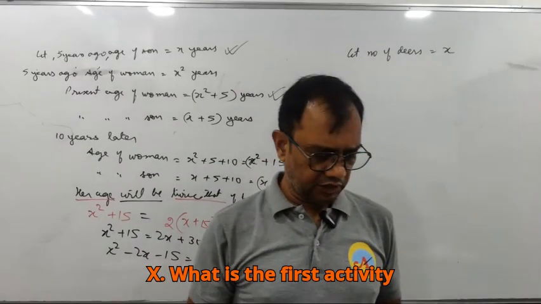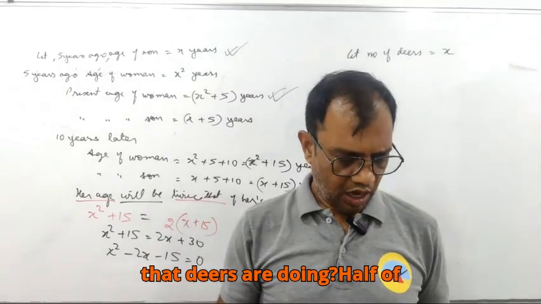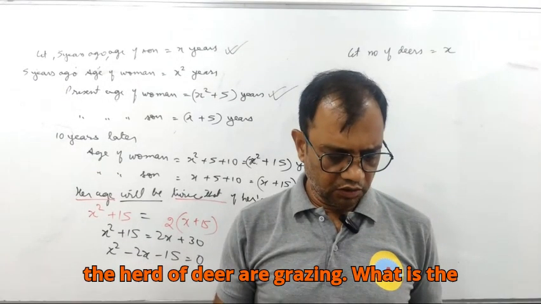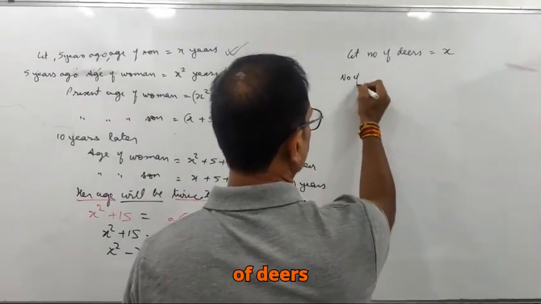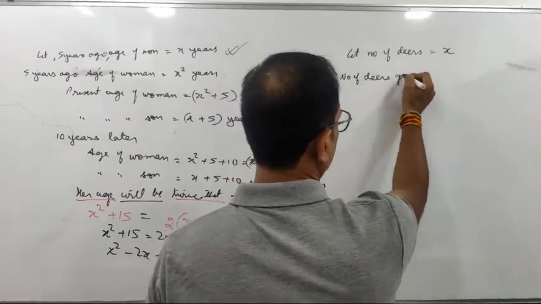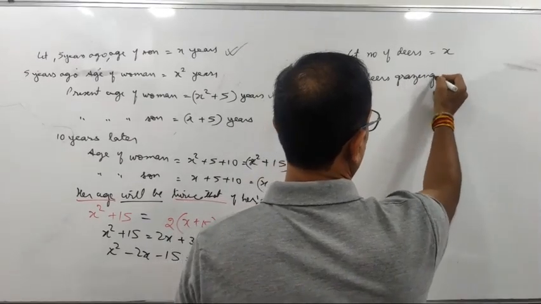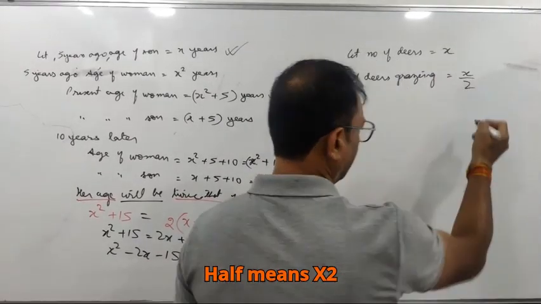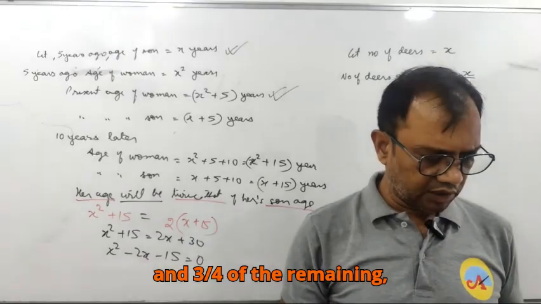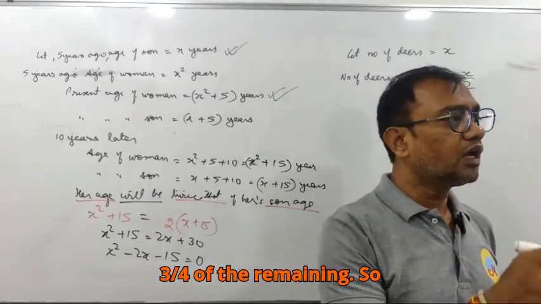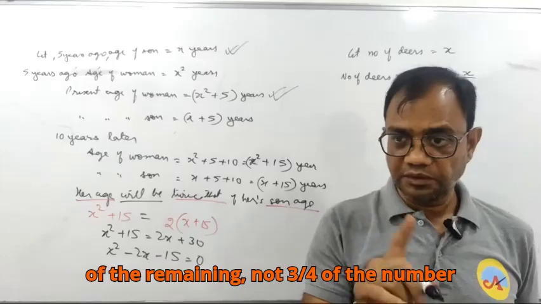What is the first activity the deers are doing? Half of the herd of deer are grazing. So the number of deers grazing is, half means x by 2. And 3/4 of the remaining.